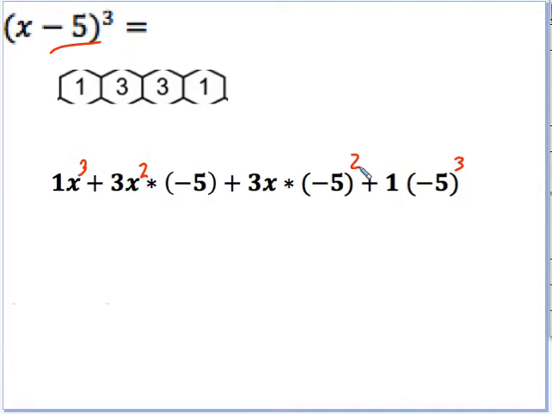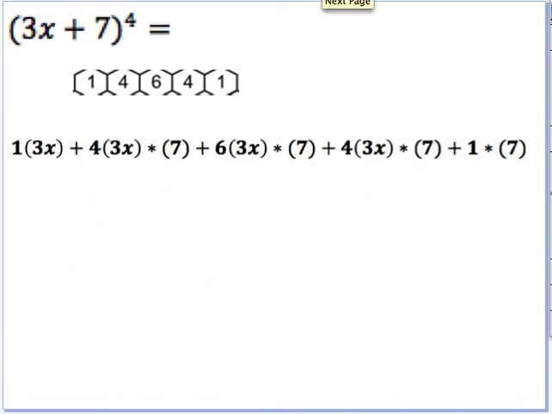Don't forget to combine like terms, so your final thing would be x cubed, -15x squared, and then 25 times 3 is 75, so plus 75x. And then 25 times 5 is 125, and that's a -125. Okay, don't forget to multiply everything out.